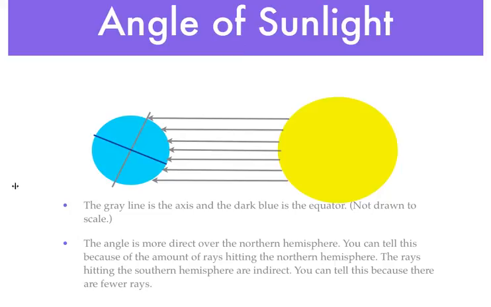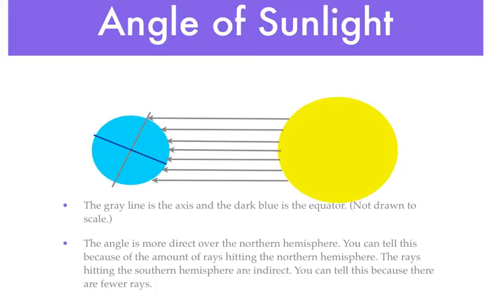Here's my fun little drawing that is not to scale, but shows you what is happening in terms of the angle of sunlight in the northern hemisphere's summer. So it's exaggerated, and you can see that there are several arrows pointing towards the northern hemisphere, showing that the intensity of sun increases with our summer.